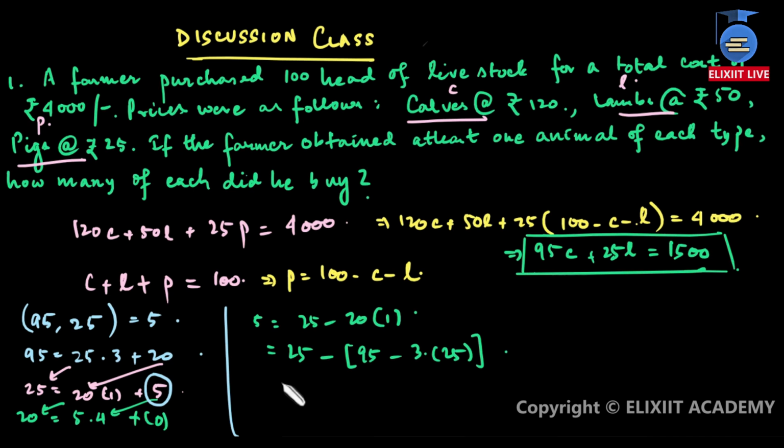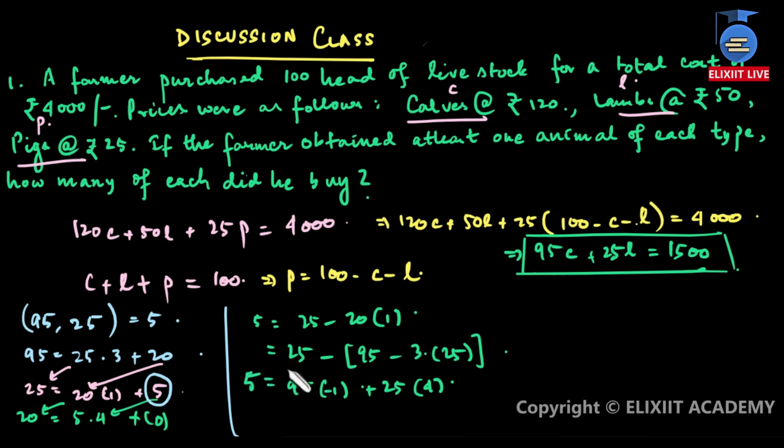Again, simplify: 25 plus 3 into 25, and 95 into minus 1, because you need to express it in the form 95C plus 25L. So 95 into minus 1 plus 25 into 4. Clear?